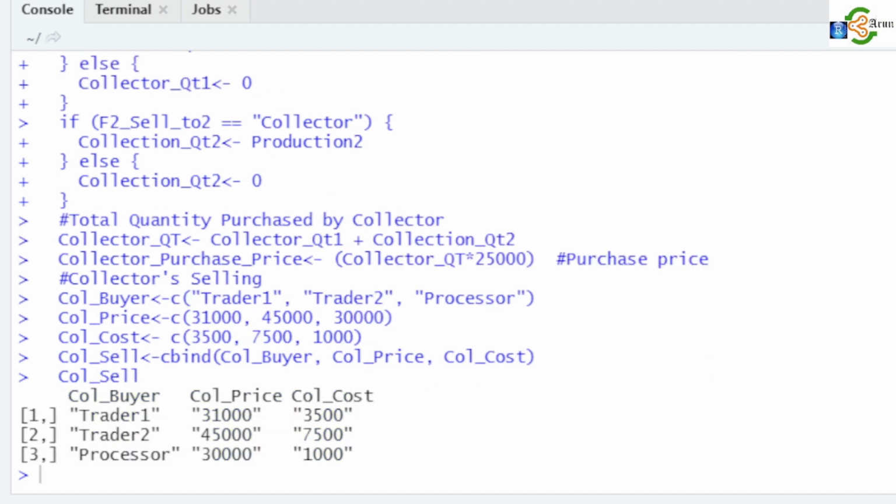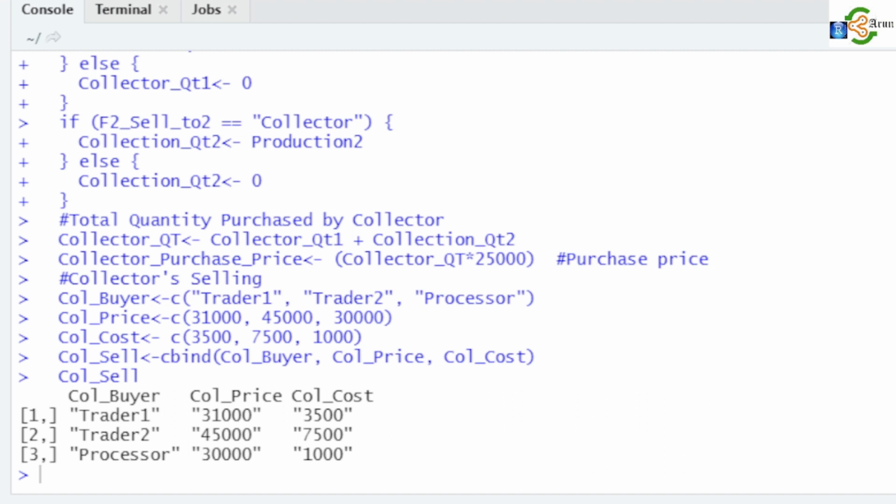Collectors can sell to trader 1, trader 2, or the processor, and here is the associated price for the collector, specifically the transportation cost and associated cost. Then you can see the price the collectors will get if they sell the commodity purchased from the farmers to trader 1, trader 2, or the processor.